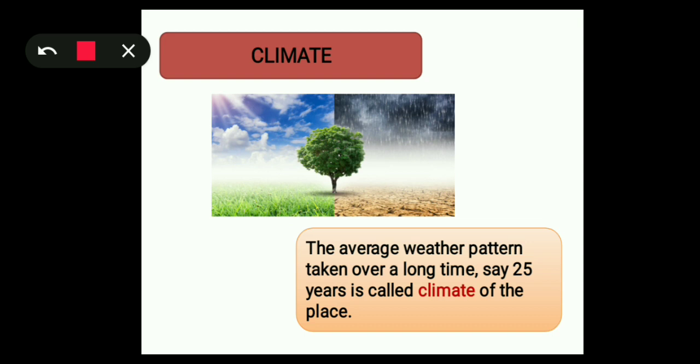That means climate is a long-term phenomenon. So we can say that the average weather pattern taken over a long time, say 25 years, is called climate of the place.